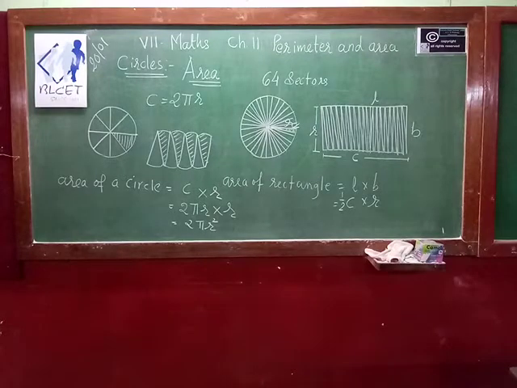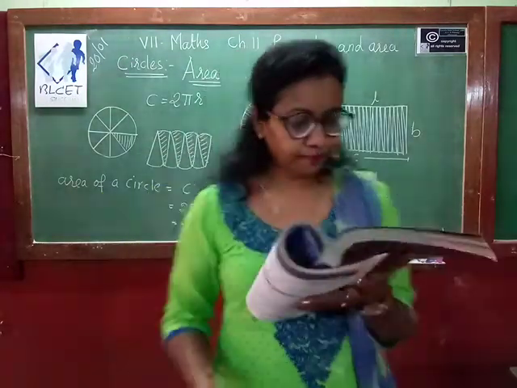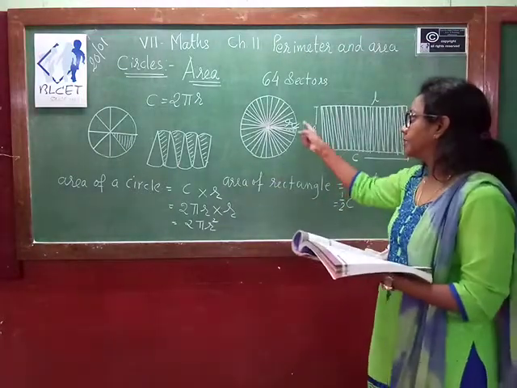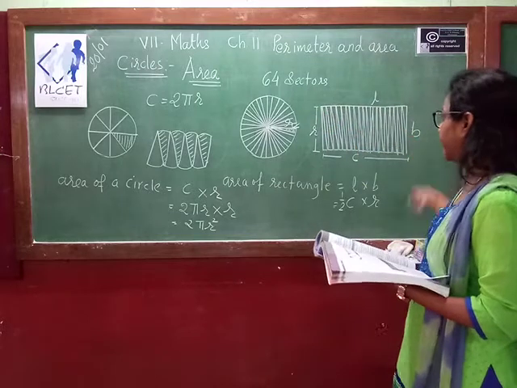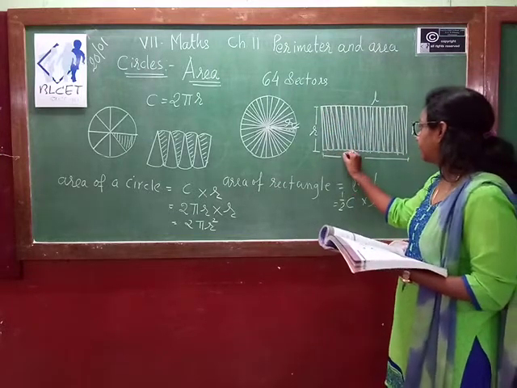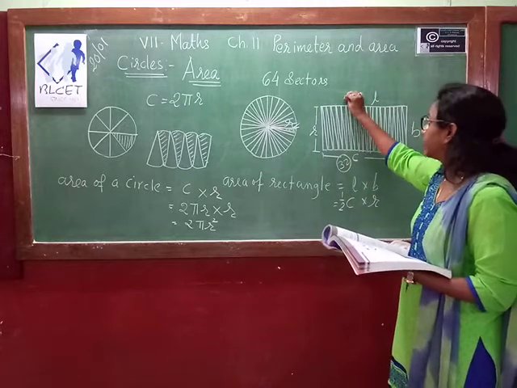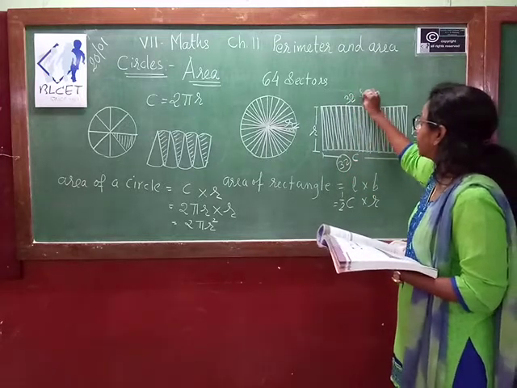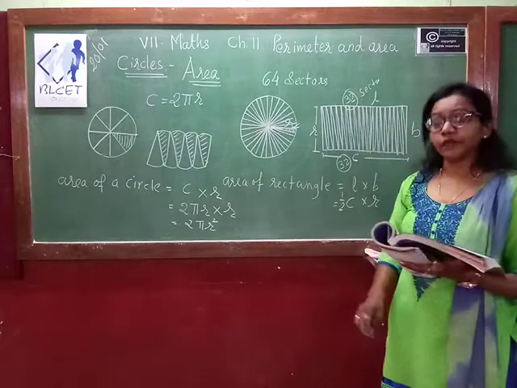Students, just one correction. We have divided the whole circle into 64 sectors and we arrange them like this. So per length there are 32 sectors. Here it is 32 sectors and here it is also 32 sectors. So what do we have to do over here?